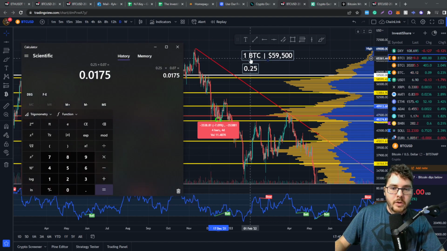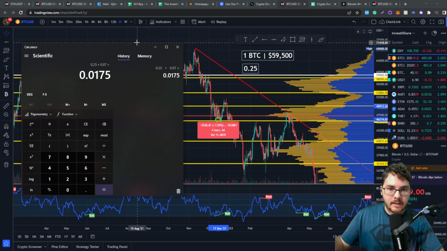So now what your goal is, based on the current price action, you can see that we're at 20,200. You're going to need roughly 3 Bitcoin to be back at your break-even valuation for when you first invested into Bitcoin. So the next tool I'm going to recommend for you to get, it's 100% free.